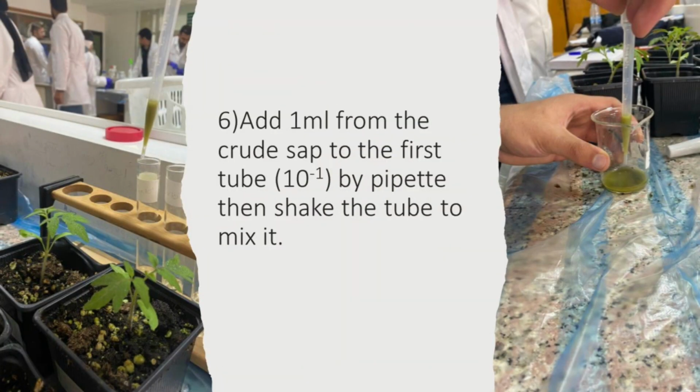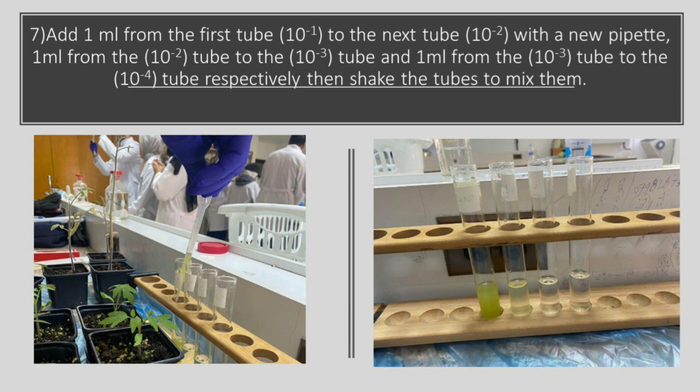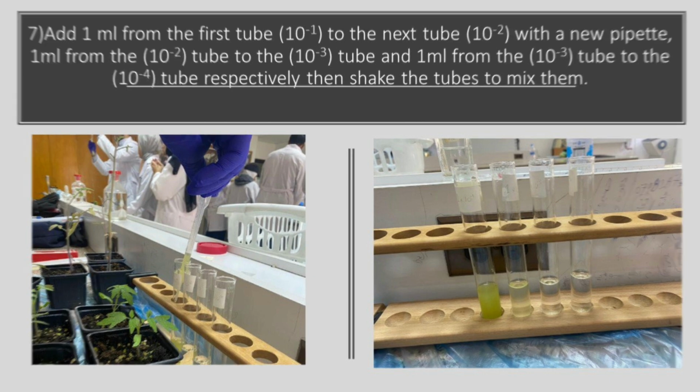Add 1 ml from the crude sap to the first tube, 10^-1, by pipette, then shake the tube to mix it. 7. Add 1 ml from the first tube to the next tube, 10^-2, with a new pipette, 1 ml from the 10^-2 tube to the 10^-3 tube, and 1 ml from the 10^-3 tube to the 10^-4 tube respectively, then shake the tubes to mix them.